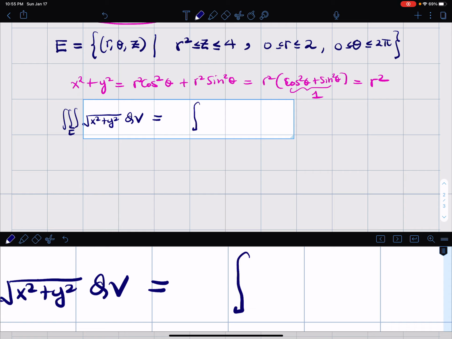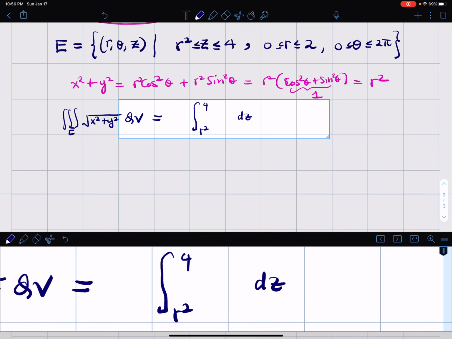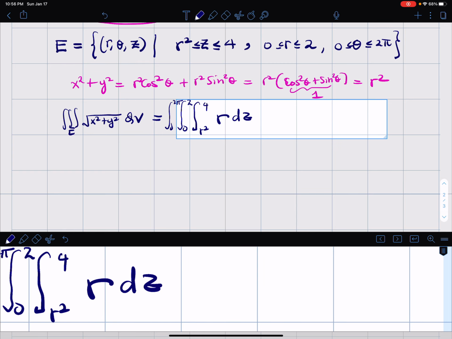Z goes from r squared to 4, dz. The square root of x squared plus y squared is just the square root of r squared, so this is r dz. And then r goes from 0 to 2, and theta goes from 0 to 2 pi. And then we have dr d theta, but we have to put the extra r there.